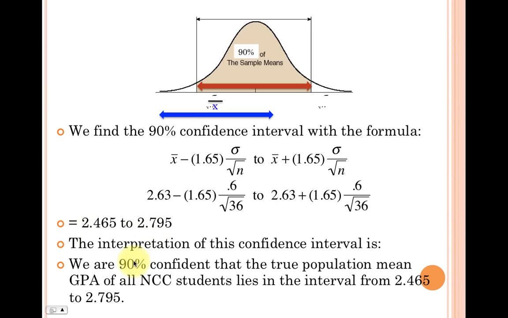So we have to say exactly how certain we are that it's correct. We're 90% confident because we found a 90% confidence interval. What makes a 90% confidence interval different from a 95% confidence interval or a 99% confidence interval is the use of the z-score. We're going to change the z-score for different confidence levels.